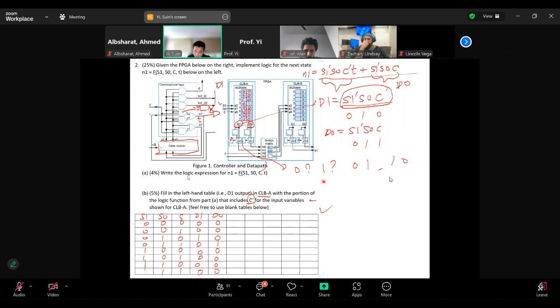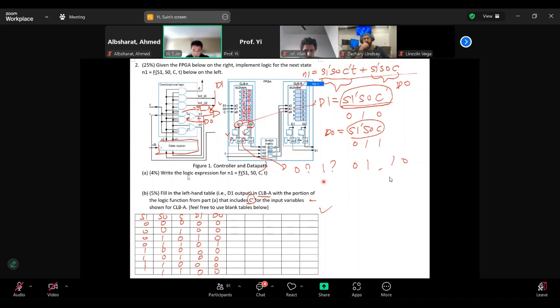And for D0, exactly at this point, this is D0. Do we have any flip-flop here? No. So the answer for these two blanks is 0 and 0. He has it written down right here.